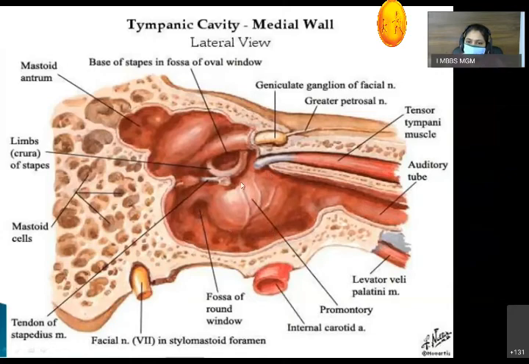And over this promontory, what you see here are the tympanic plexus. Some elevation. Here you can see the tympanic plexus.